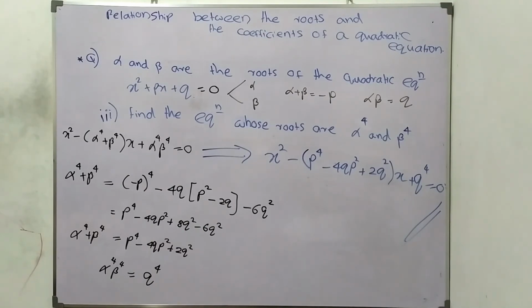This is the equation whose roots are alpha to the power 4 and beta to the power 4.